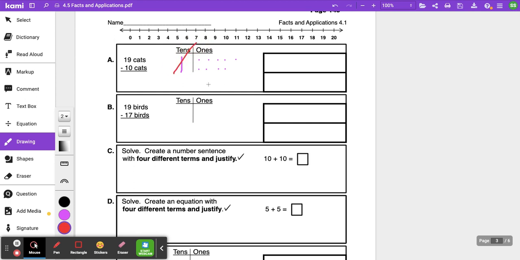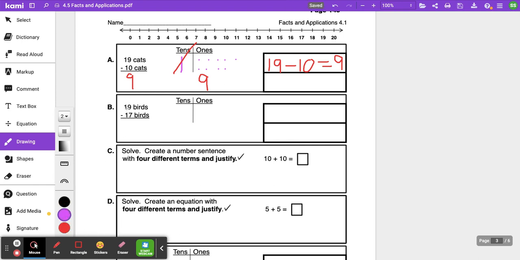Take away the 10. What's left? I only have 9 ones. The answer is 9. 19 minus 10 is the difference of 9. We're not going to flip it today. I know you know how to do that.